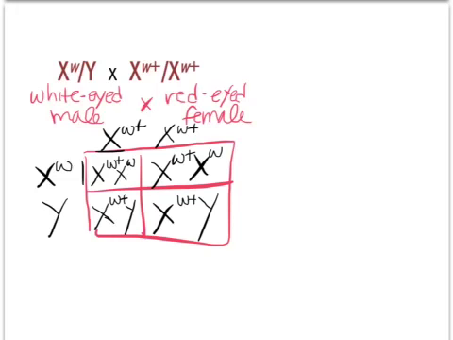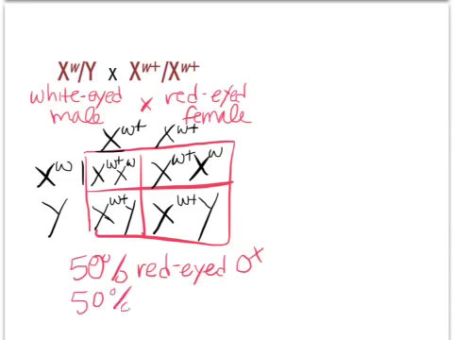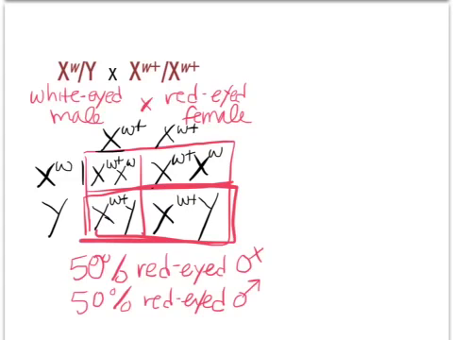You'd get 50% of them red-eyed females, and 50% of them red-eyed males. Here's my males. They're all red eyes, and the tops are the females.